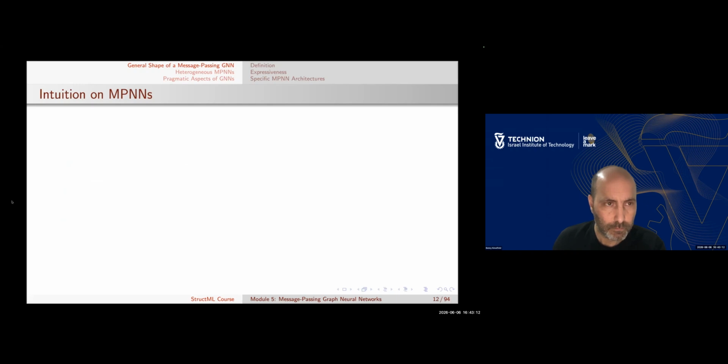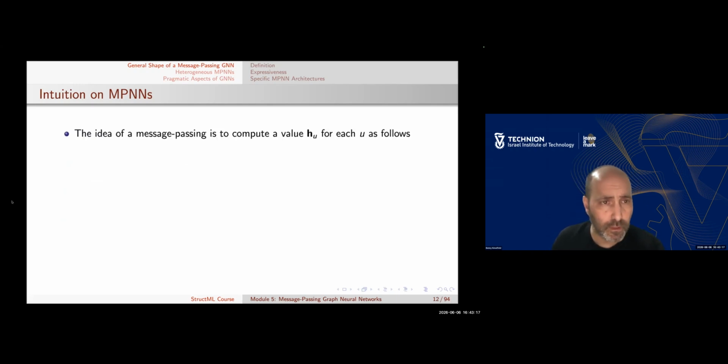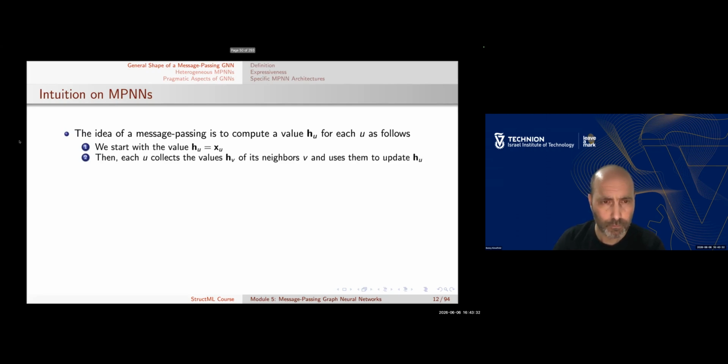Again, some intuition on message passing GNNs, on MPNNs. We compute a representation HU for every node U. We start with HU being the original input features, XU. Then we have rounds. U collects the values of HV from its neighbors V and updates HU by some function of these embeddings.